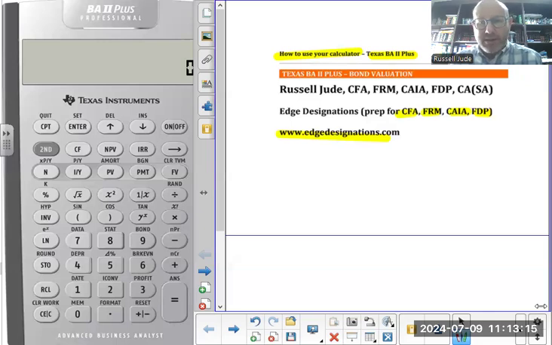What you'll notice about this video is that it's not so well suited to calculator work. What I'm trying to illustrate is how we use the calculator to value bonds, albeit that it's not the easiest way to value bonds.